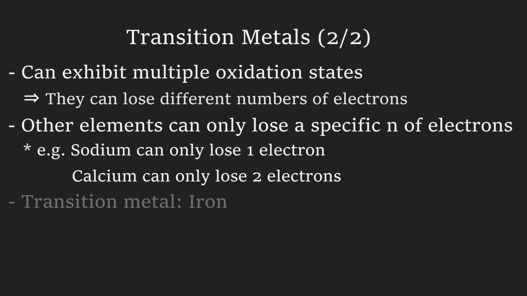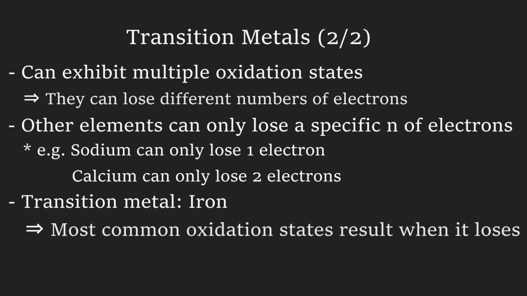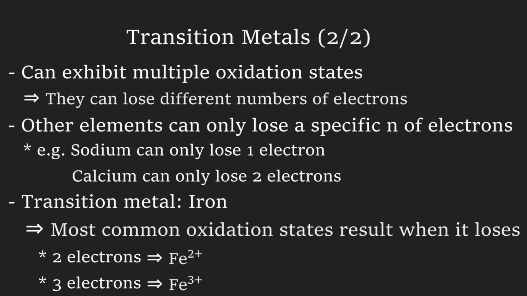However, when we take a transition metal such as iron, we see that it can lose different numbers of electrons. For iron, the most common oxidation states result when it loses 2 or 3 electrons. So Fe2+ and Fe3+ are the two primary oxidation states of iron.